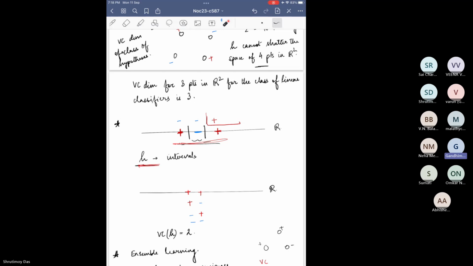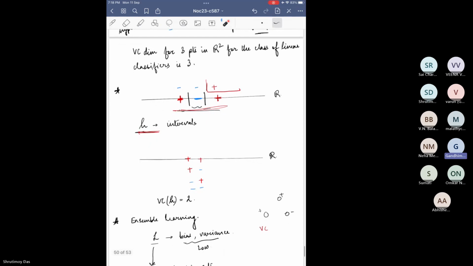Understood. So in the VC dimension, we can check the same hypothesis for a different dataset for multiple classes. Is it so? Yeah, it is possible for multiple. Here we are talking about plus and minus, but there can be more than one class. Suppose you have points like this, and like this.